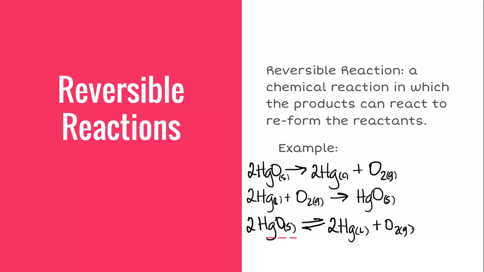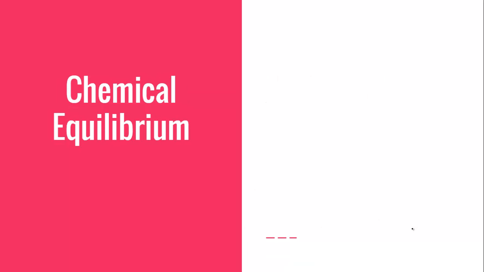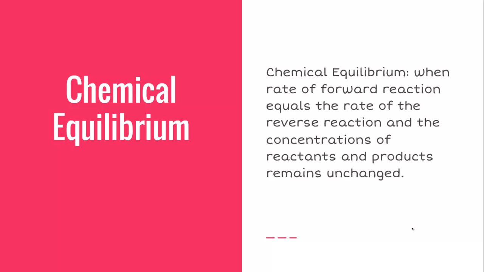Eventually, this all starts to even out and we get something called chemical equilibrium. In chemical equilibrium, the rate of our forward reaction is going to equal the rate of the reverse reaction, and the concentrations of your reactants and products remain unchanged.